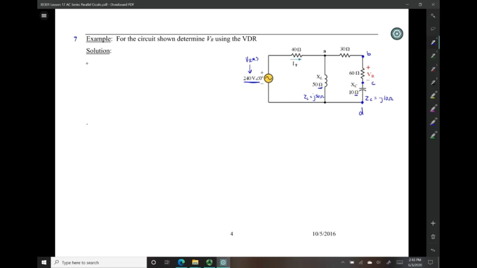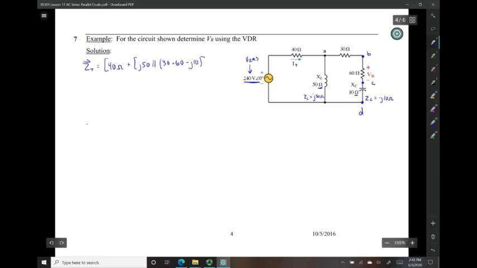Alright, so first I need to find the total impedance for the circuit. And what I have is a 40 ohm resistor in series with two parallel paths. First one consists of a 50 ohm inductor, and that's in parallel with three elements in series: a 30 ohm resistor, a 60 ohm resistor, and a 10 ohm capacitor.